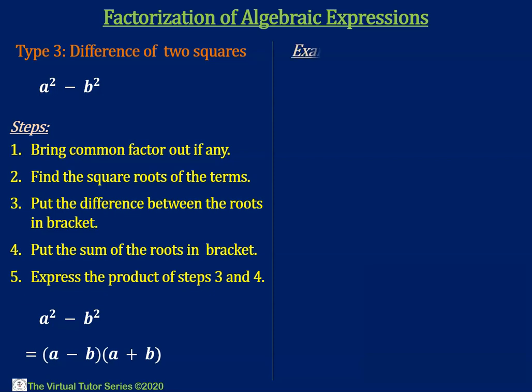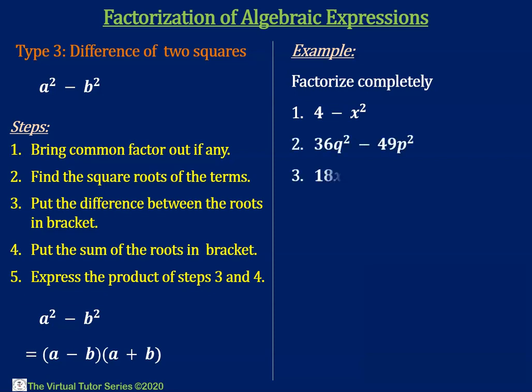Let's consider the following examples. Factorize completely. Solution. Example 1. 4 minus x squared.